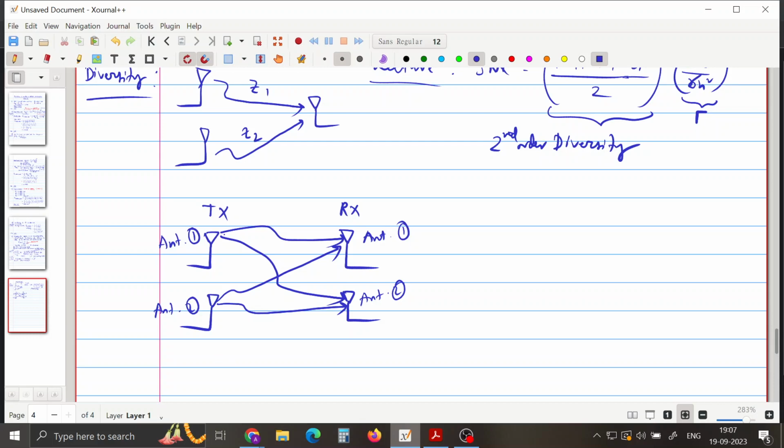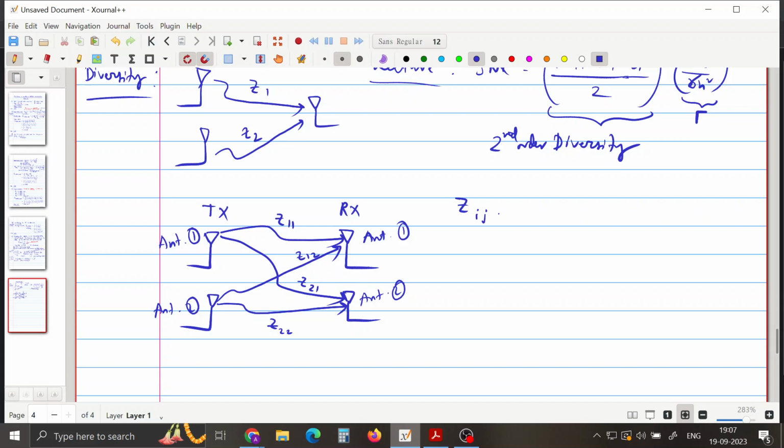Fine, and let me label them as Z11, Z12, Z21, Z22.